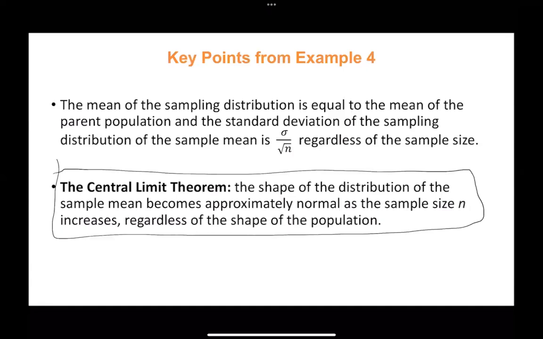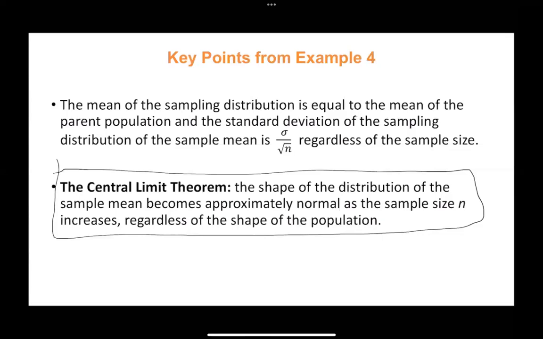The shape of a distribution of the sample mean becomes approximately normal as the sample size increases, regardless of the shape of the population. So if our population is not normal, as our sample size gets larger, the shape of the distribution will become normal.